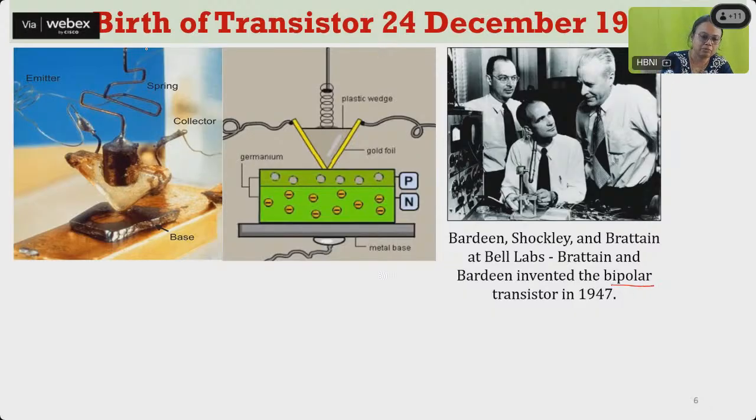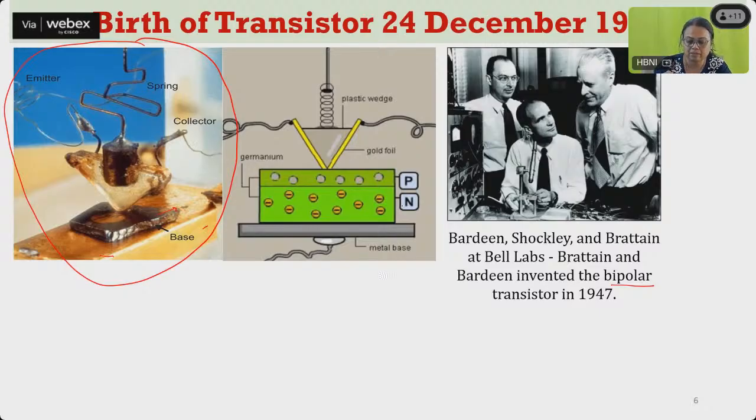Here you can see the photograph of the actual bipolar transistor which they made. This was a germanium crystal on which they took the top contact, and this is the copper base, from where they took the base contact, and a quartz base was kept.